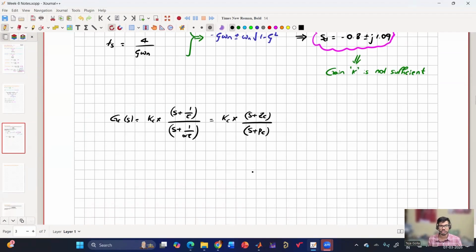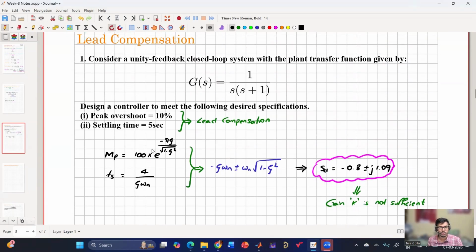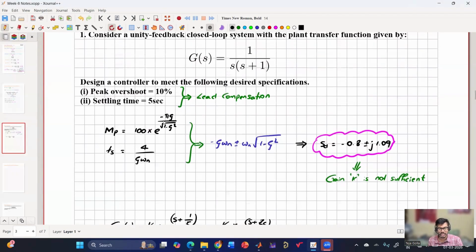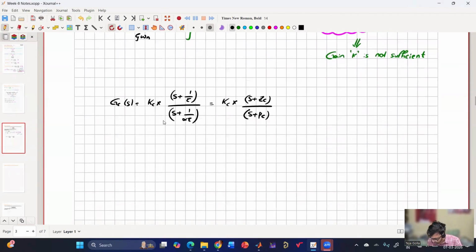Now our objective is to design this compensator so that my overall closed loop poles will pass through this. How are we going to do this? From the root locus, we know the gain criteria as well as the phase criteria. Because it is not passing through that, first we have to check how much additional phase is needed.